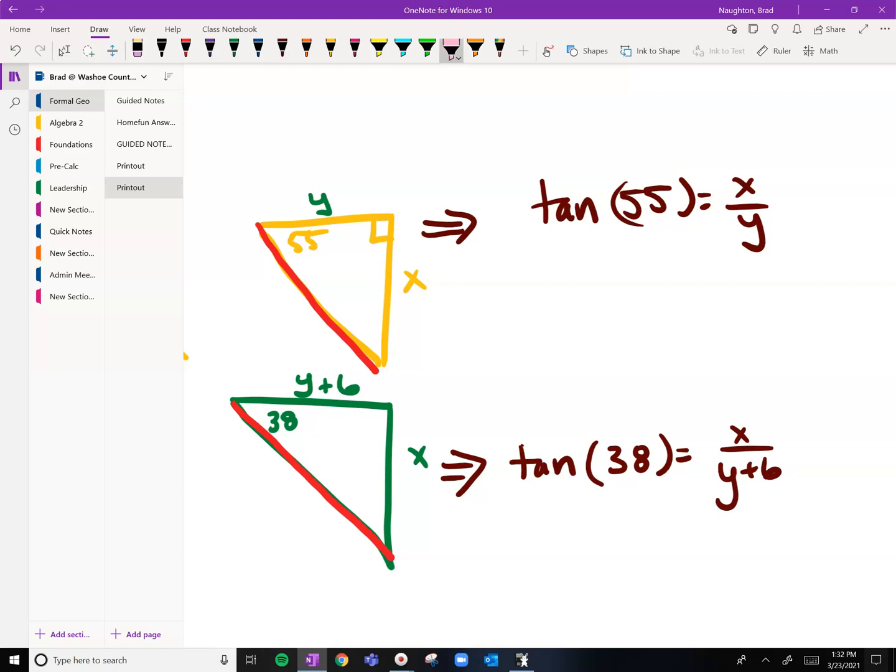Now notice, ladies and gents, this is an X and this is an X. So we could isolate those variables and set them equal to each other using the same substitution that we did at the beginning.